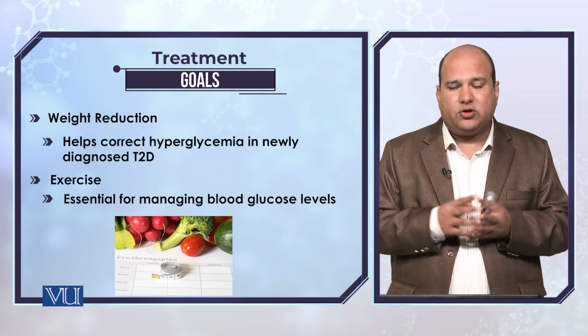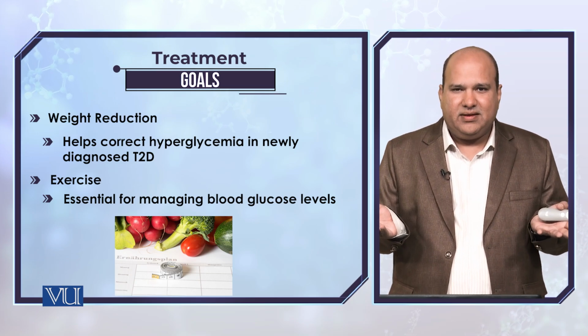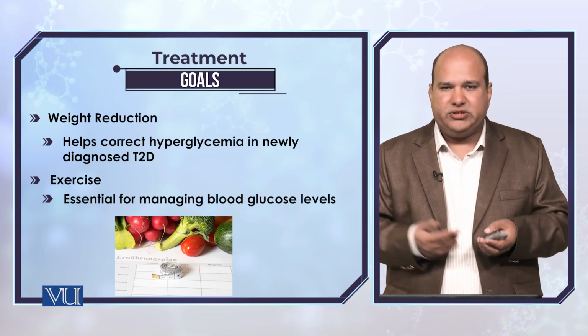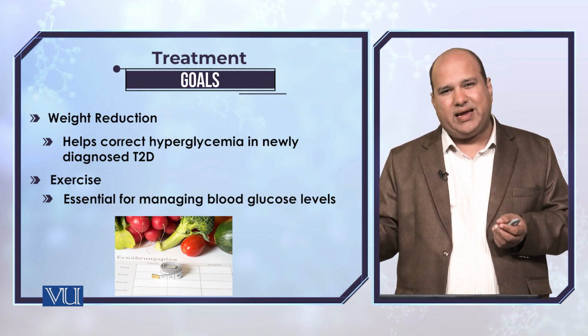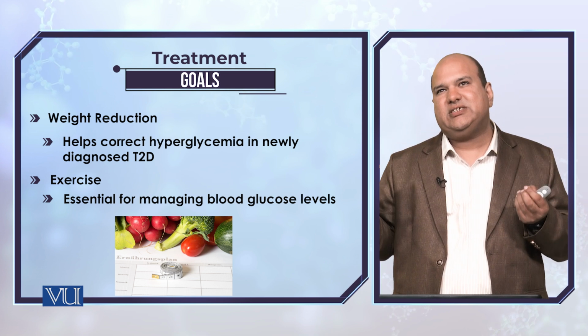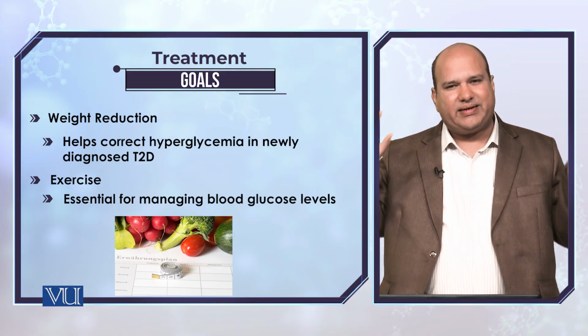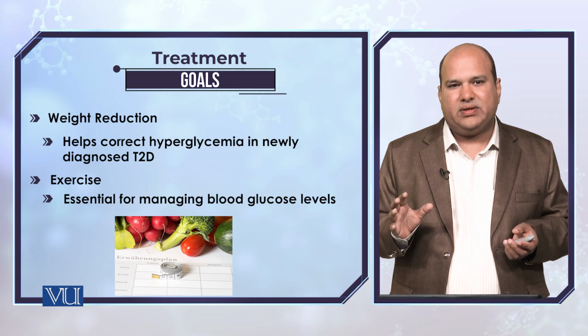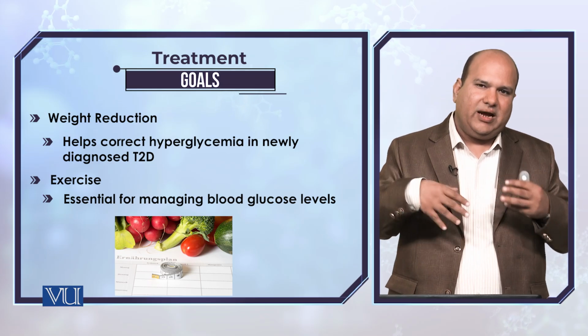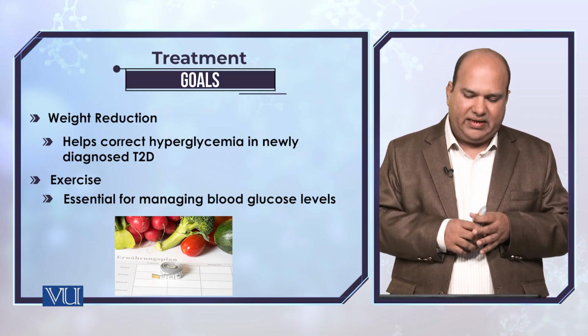So, of course, there is an option to use drugs, but in addition to drugs, especially keep in mind that if you are dealing with something which is polygenic in nature, which is multifactorial, drugs alone can't do much. So you have to change your lifestyle.